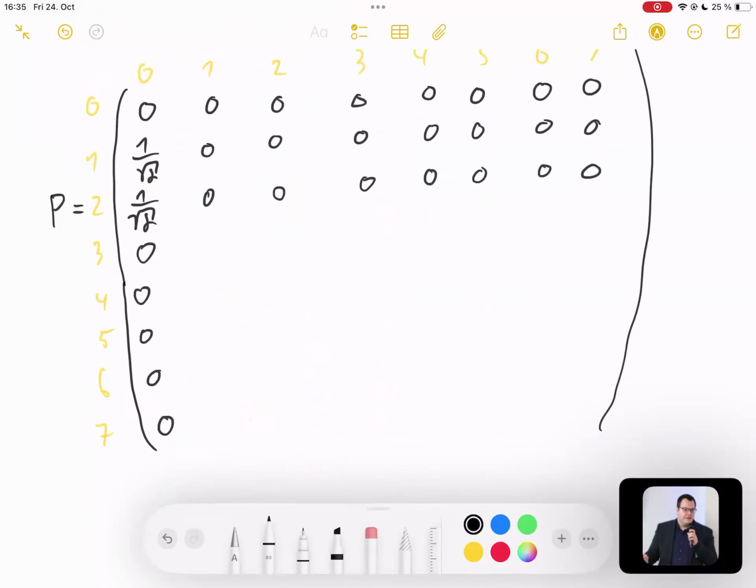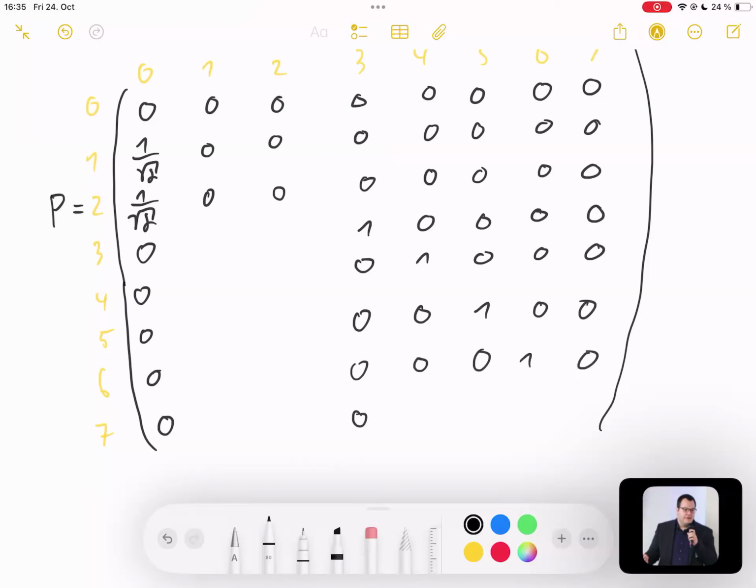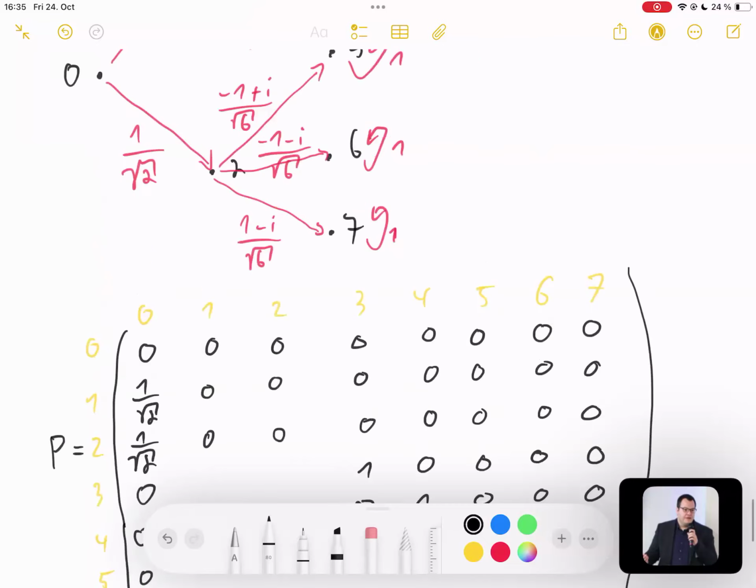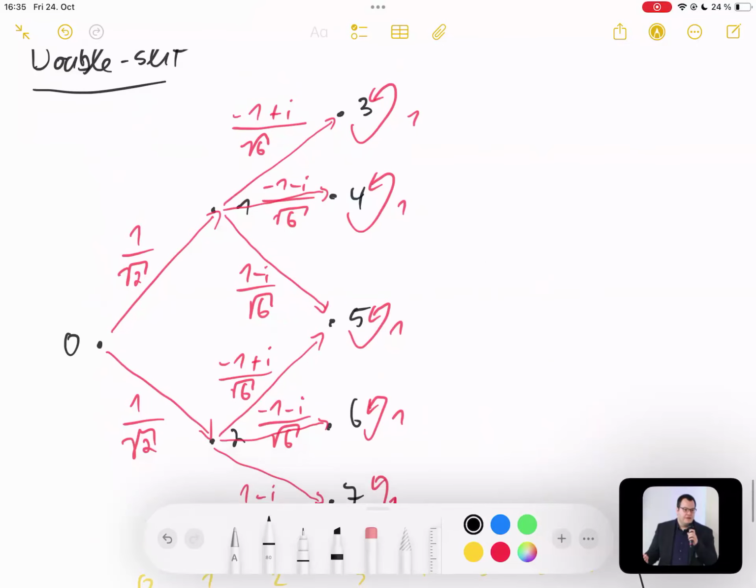So we can already put in these loops. Then the other entries are 0. So these are just the loops as before. And then we have these remaining probabilities.